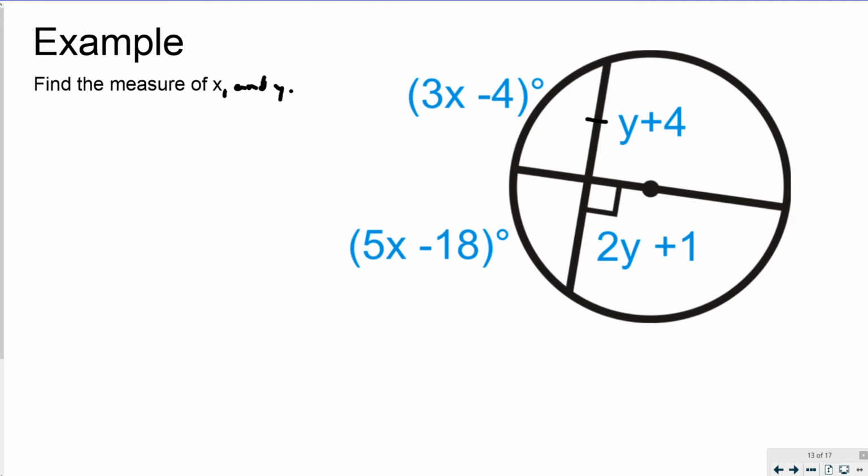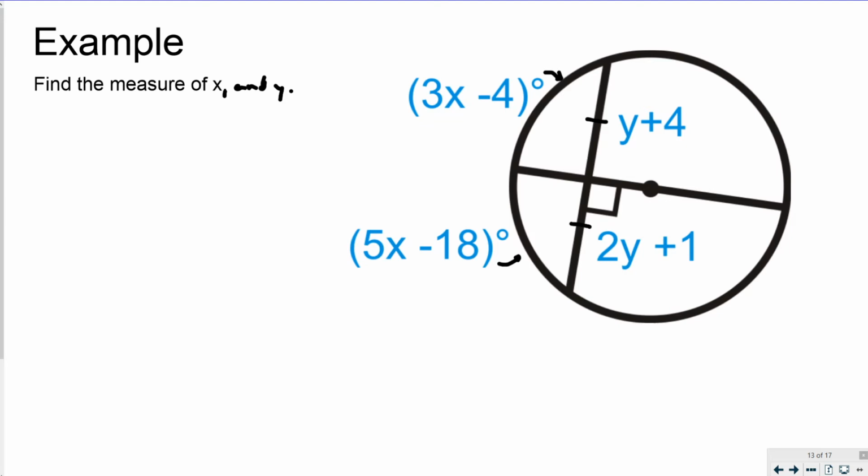So I know that this and this have to be congruent. And therefore, this splitting down the middle is a radius, a diameter as well. And so 3x minus 4 degrees refers to this arc up here, and 5x minus 18 refers to this arc up here.